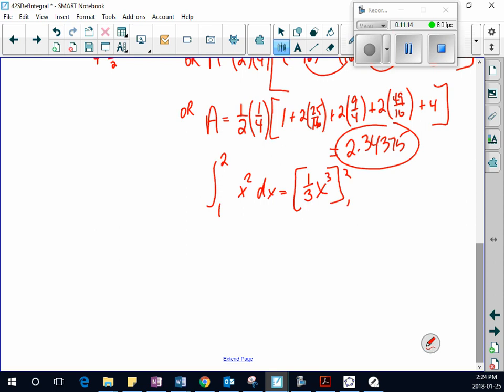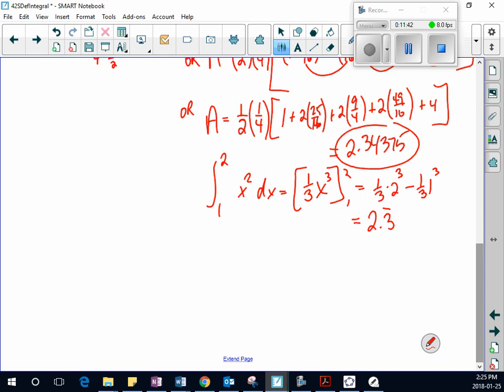Plug her into the fundamental theorem, and we get 1/3 times 2 cubed minus 1/3 times 1 cubed. And guess what you get? 2.3 repeating?